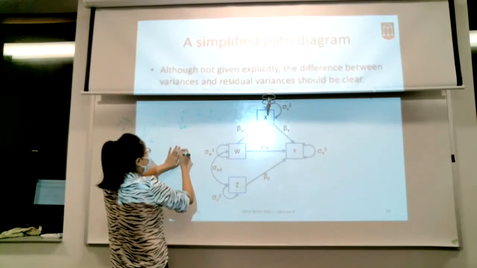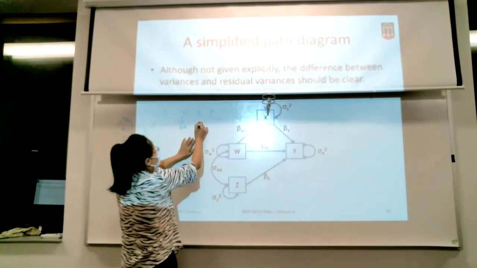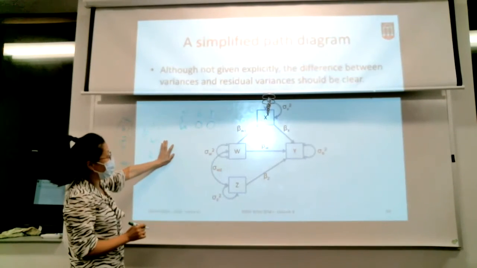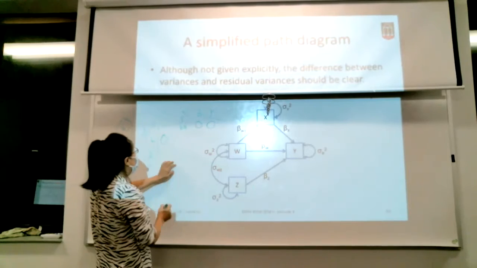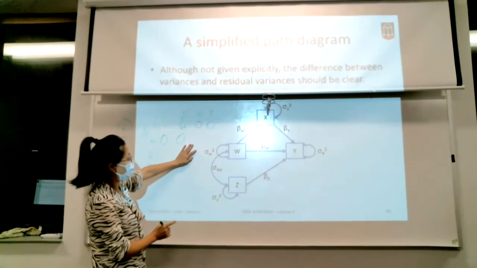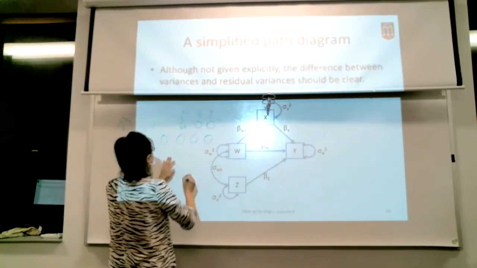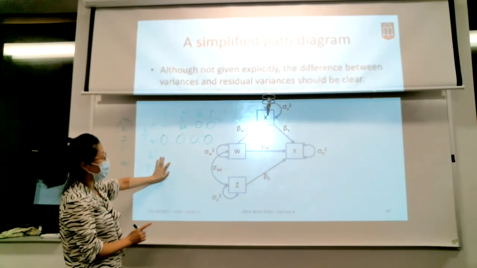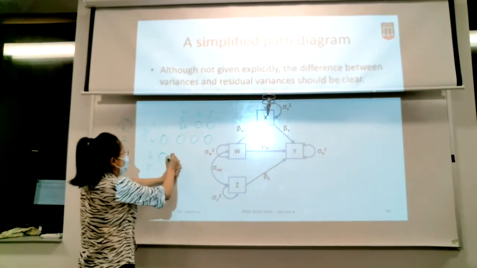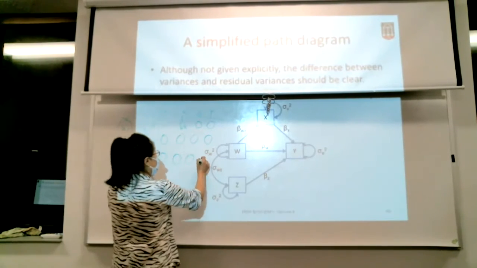From z to x, no. From y to x, no. From x to w, no. From w to w, no. From z to w, no. From y to w, no. From x to z, no. From w to z, no. From z to z, no. From y to z, no.